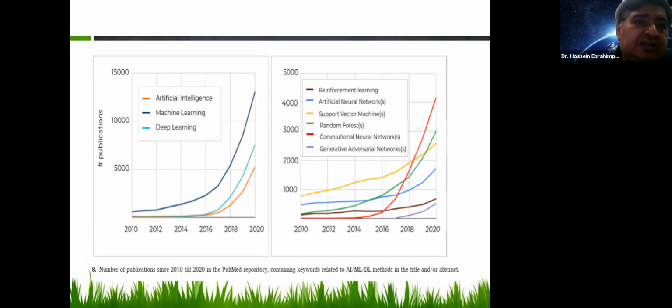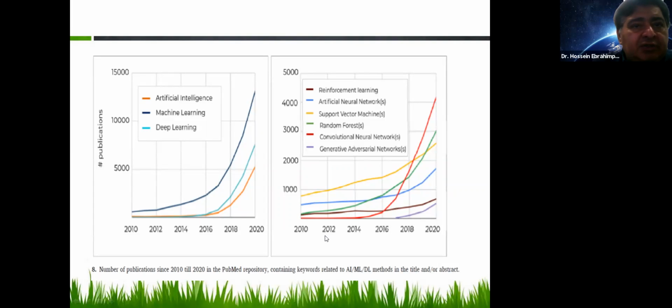As you can see here, these words may be used in different years, less or more. For example, in 2020, convolutional neural networks, CNNs, which are part of deep learning systems, are very popular now.